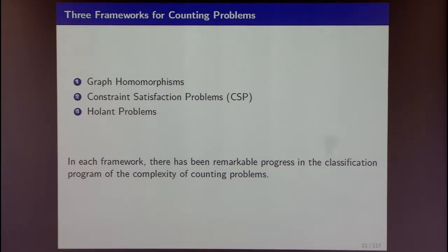So the typical problem there is almost like a meta problem where you want to say that for every type of constraints that describes the problem, it is either going to be polynomial time solvable or hard for the respective complexity class, such as NP or Sharpie.